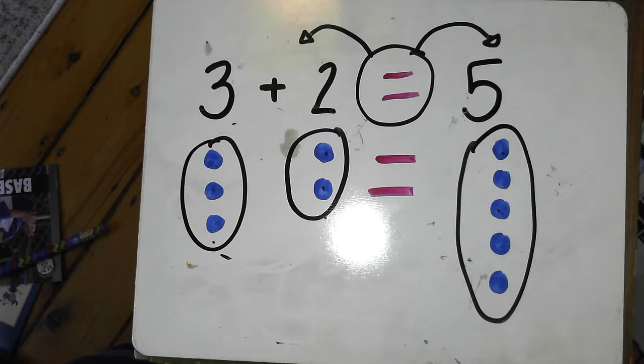Let's dive into the next part of our math unit. So today, for math, I'm going to tell you an addition story. Then you are going to use some manipulatives, like some cubes, to model the story, to show me the story using cubes.